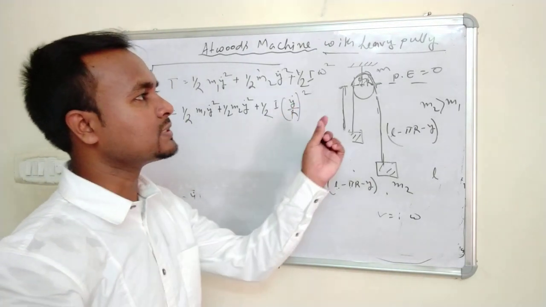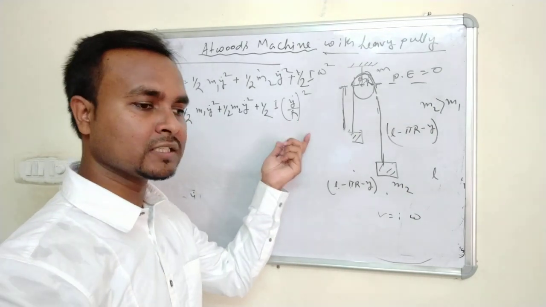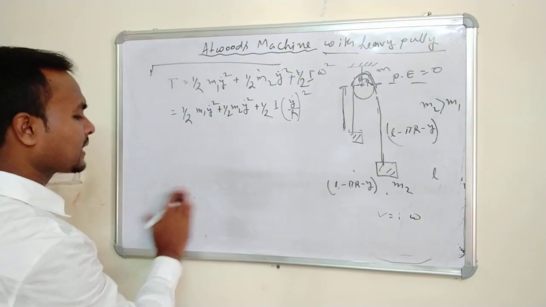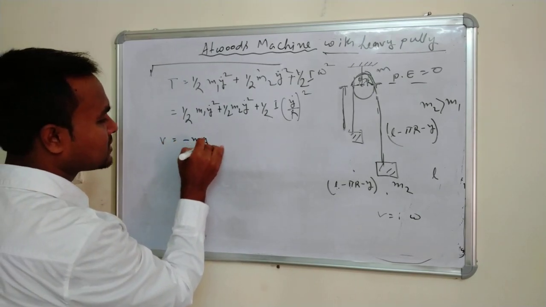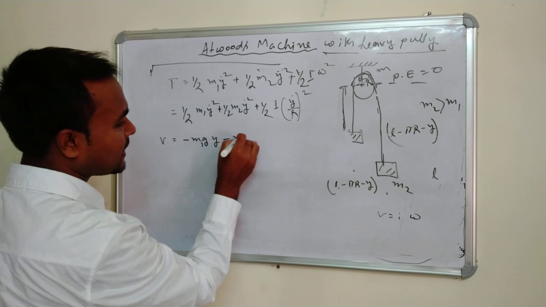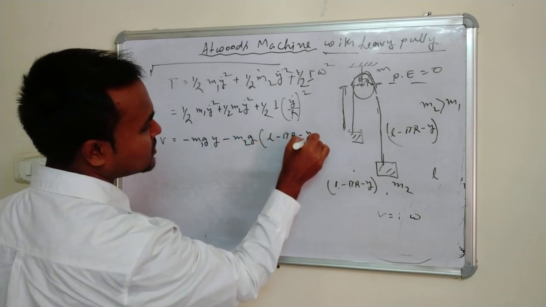So when the pulley is heavy, in the expression of kinetic energy this term will be added, and the rest will be the same. Potential energy equal to minus m1 g y minus m2 g (l minus pi r minus y).